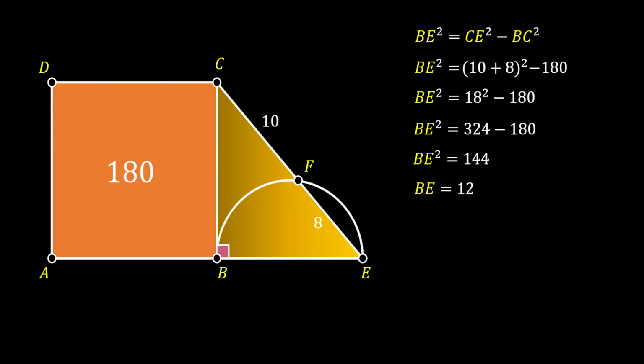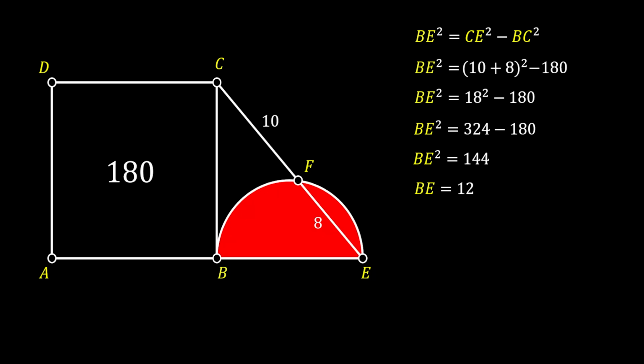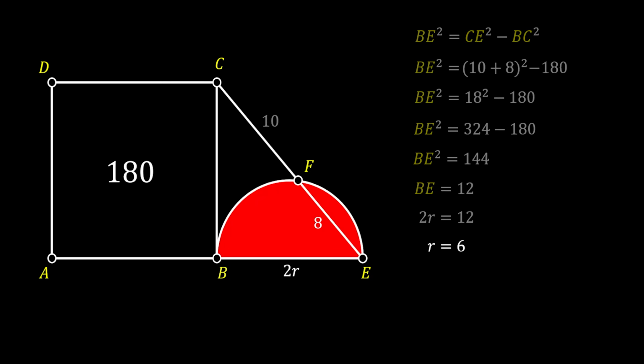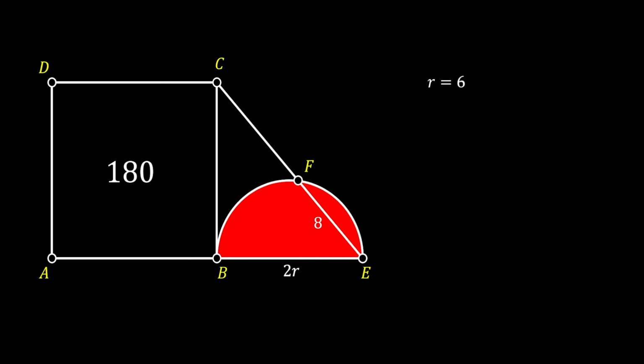But why is this important? Because, remember, we're looking for the area of our red semicircle, and BE represents the diameter of this semicircle, and we can label it as 2r. So 2r equals 12, which means that the radius of our red semicircle must be 6.